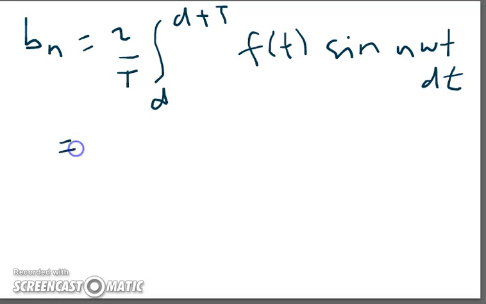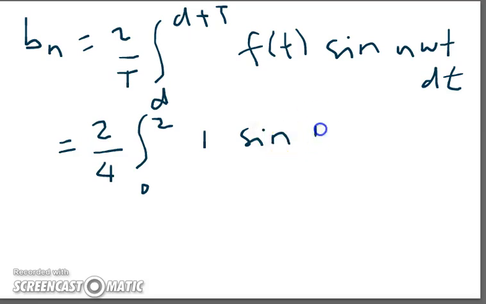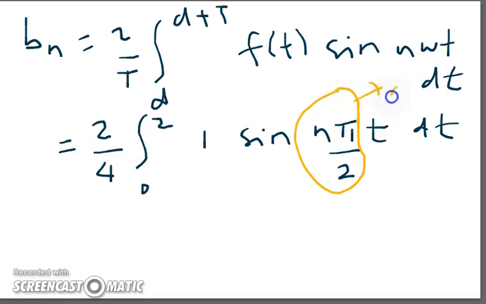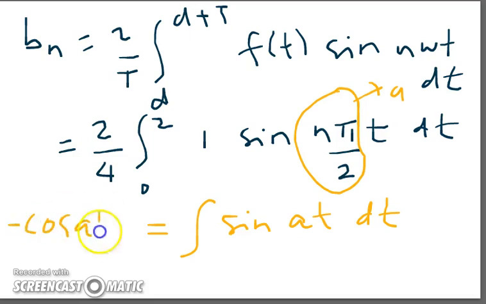Now when we plug in all the values, we have sine n pi over 2 t dt. The same thing: if I consider this just like a, and I have sine at dt, it will give me negative cos at over a plus c, correct? Based on this integral, I can now solve bn. So I delete this.